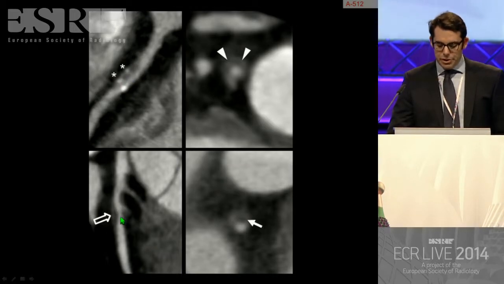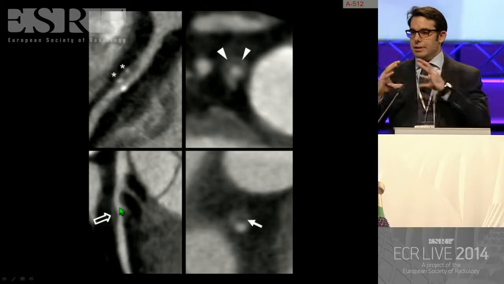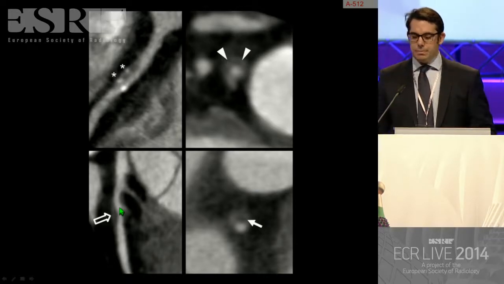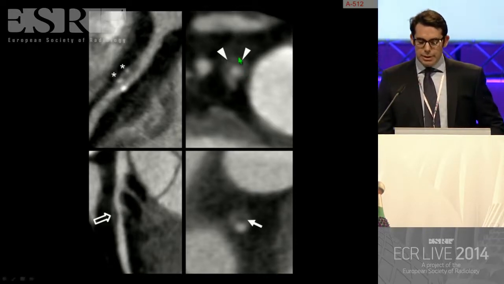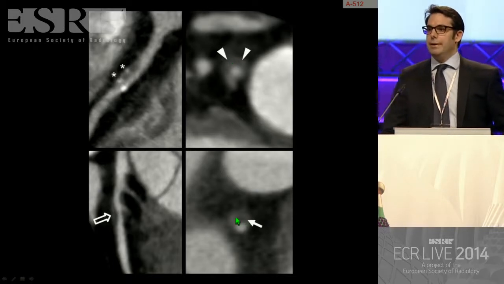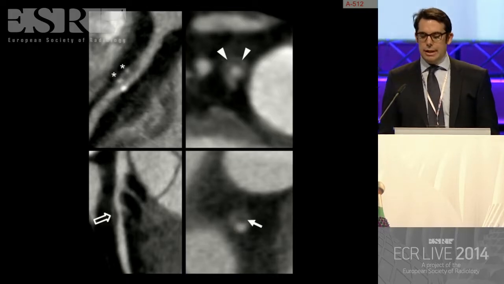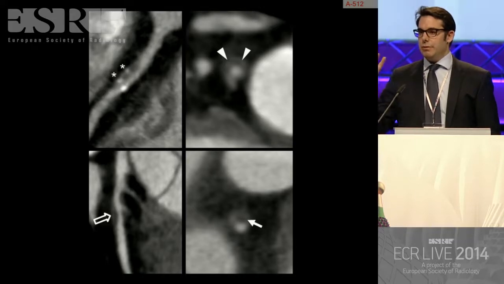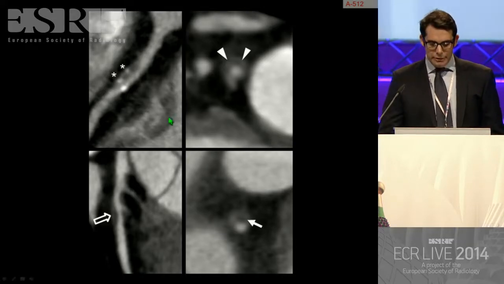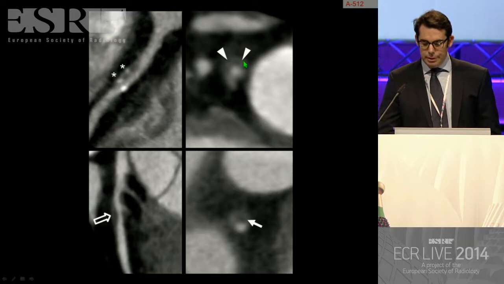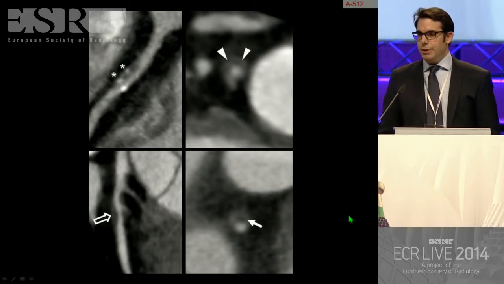When we see positive remodeling, this is the vessel is expanded, that's a high-risk plaque. When we see a napkin ring sign, or when we see hypodensities within the plaque. So these are the 4 features for a plaque to say that it could be vulnerable or it's a high-risk plaque on CT. These are the 4 features. Spotty calcifications, positive remodeling, napkin ring sign, or hypodensities within the plaque.